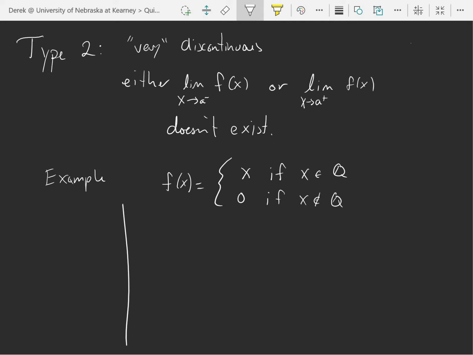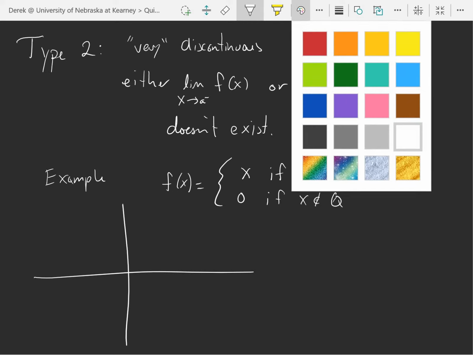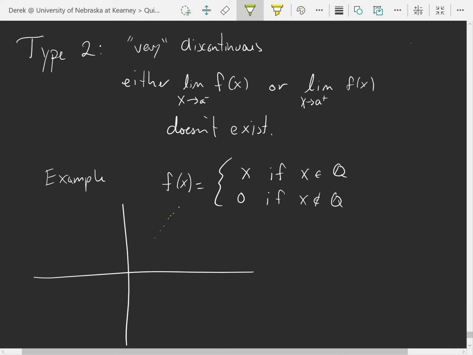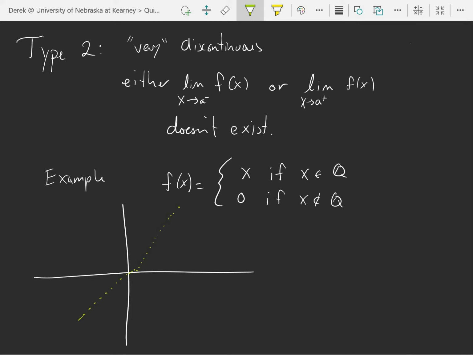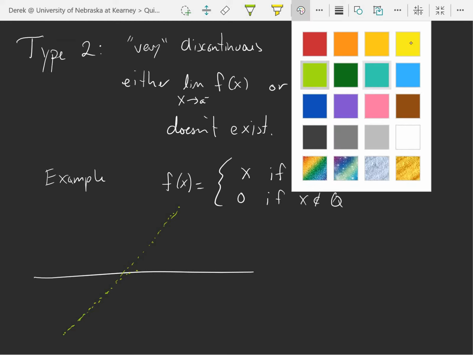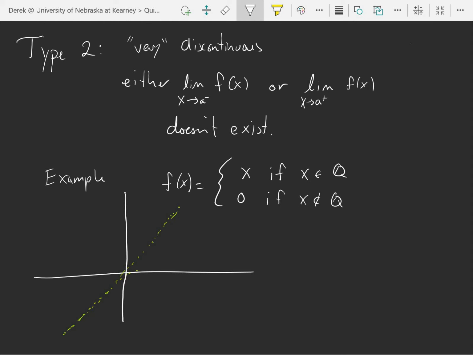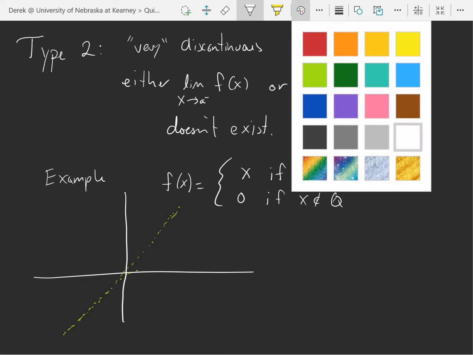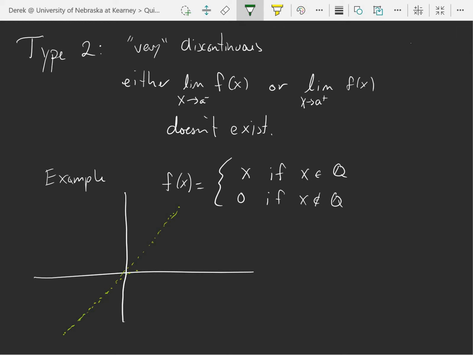Then what it looks like is at all the rational points I have function values along the line y equals x. So it's a lot like this dotted line right here. And at the irrational points, we'll go dark green with those, I have 0.